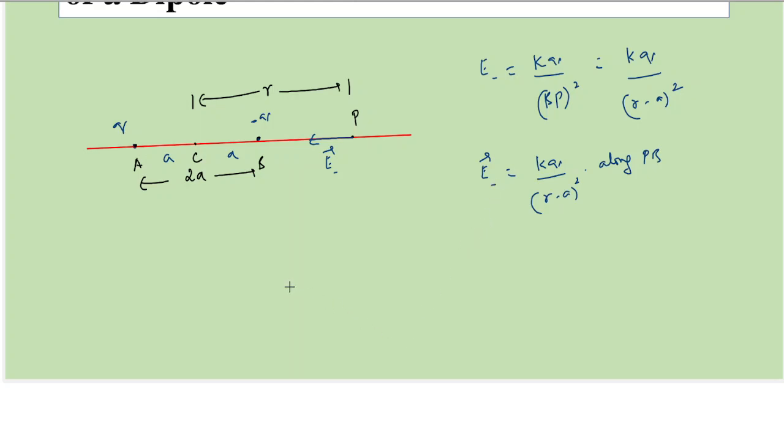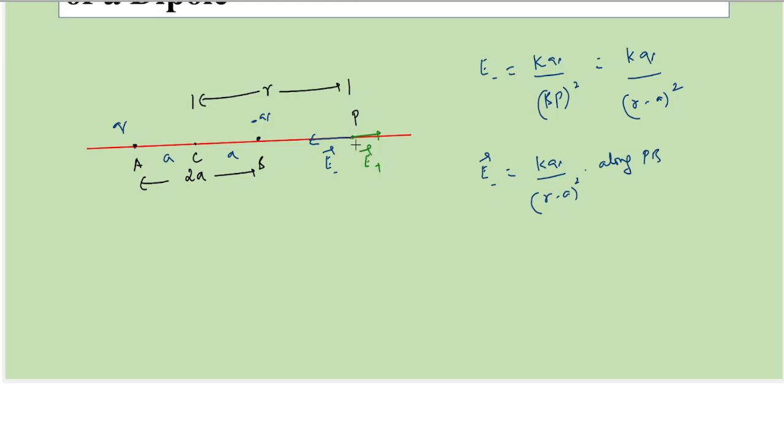Similarly, the charge kept in point A, which is a positive charge, will create its own field, and we learned in the previous lectures that a positive charge would create a field which goes out radially. So at the point P, the field because of this would be going out like this. This we call as E plus.